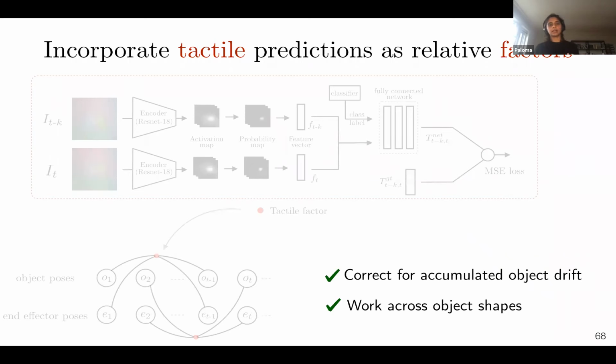The idea here is that as a result of predicting these relative sensor pose transformations, we can correct for the accumulated drift in the object pose estimates. And observation models trained in this fashion can work across a large class of objects, as long as the local contact surface patches are in the distribution of those found in the training data.